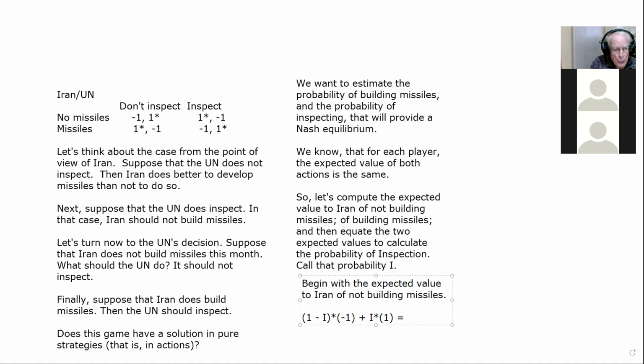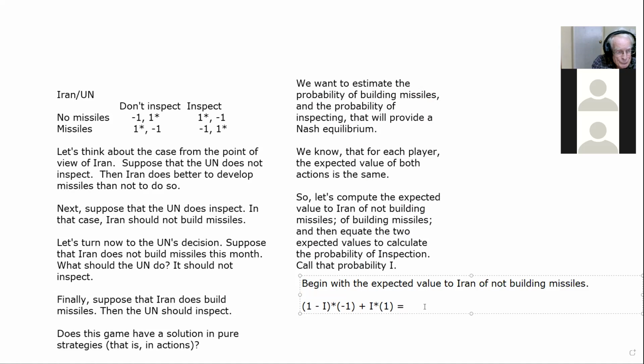So the expected value of not building missiles is I minus 1 plus I, which is 2I minus 1.